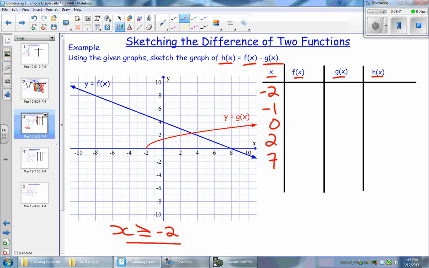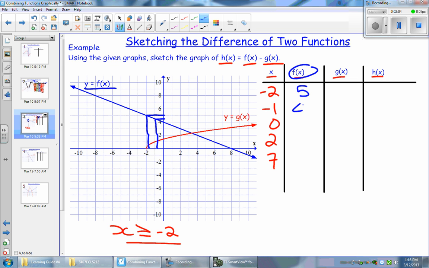Okay, so starting with the graph y is equal to f of x. It looks like a linear graph, so you want to read points off that graph. When x is equal to -2, what is the corresponding y value? The y value looks like it's going to be 5. Same thing with -1. What's the corresponding y value?